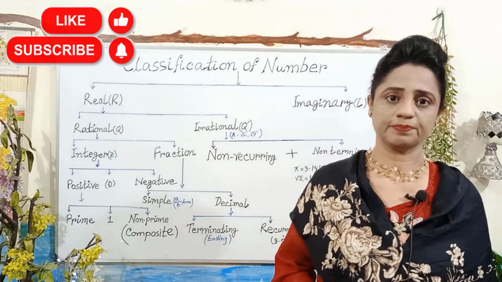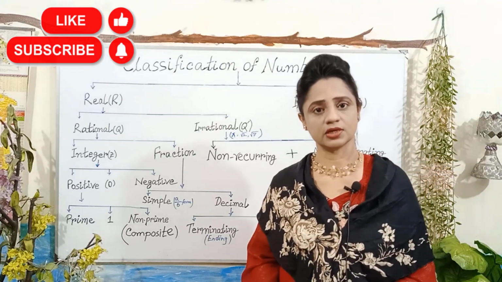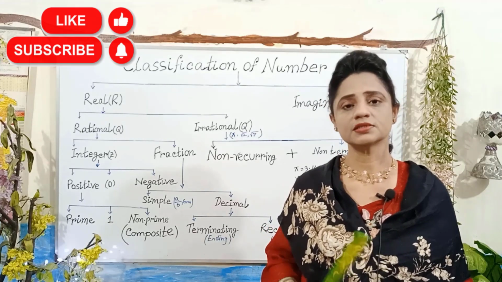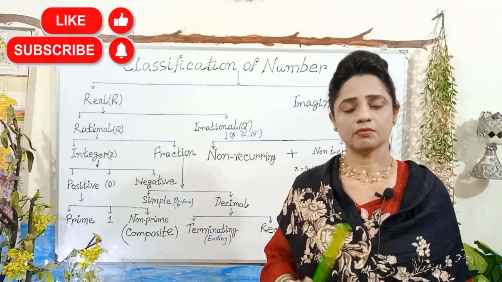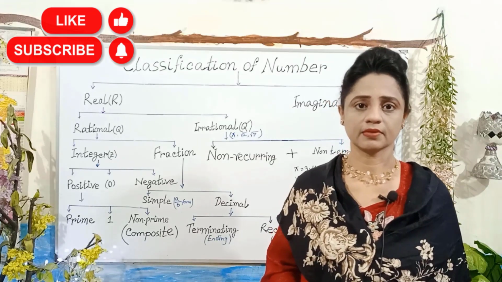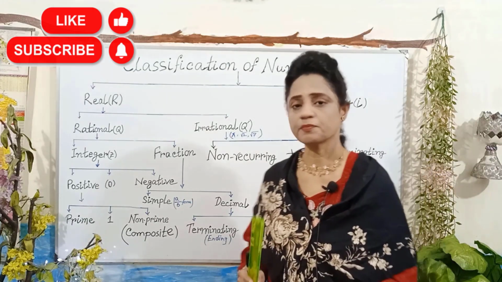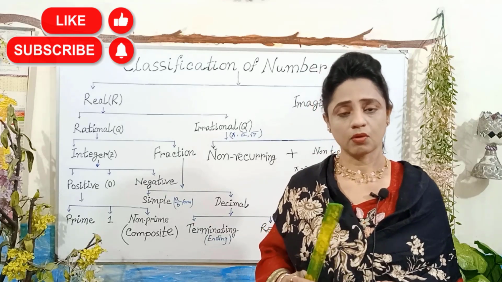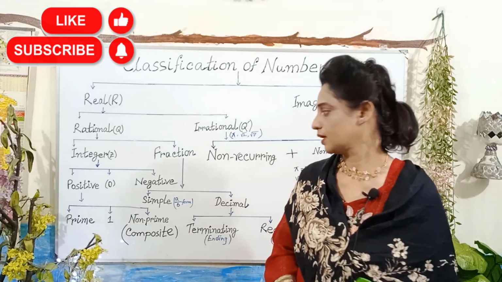Like 3. What are the factors of 3? That is 1 and 3. Is there any other factor? No. 5. What are the factors of 5? 1 and 5. There are no other factors. So prime numbers are the numbers which have no factors except 1 and the number itself.